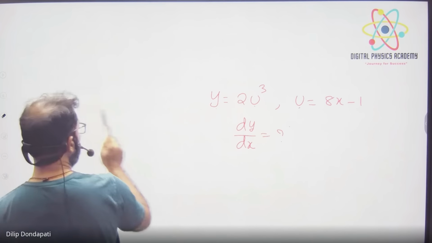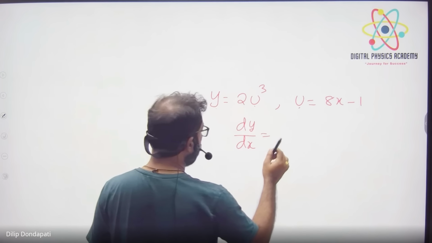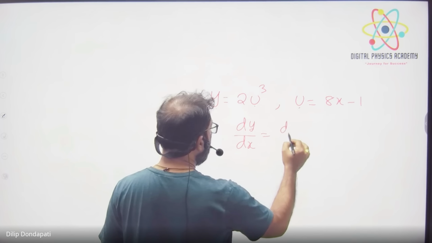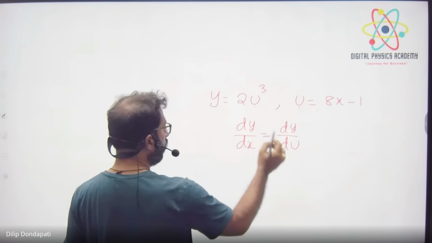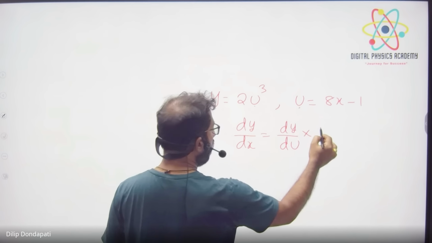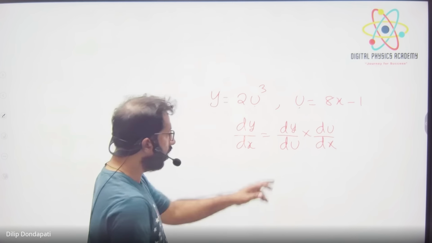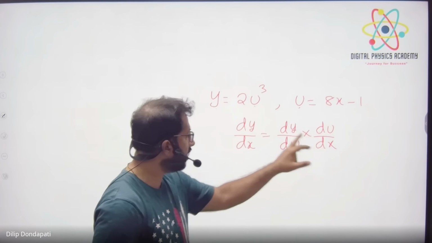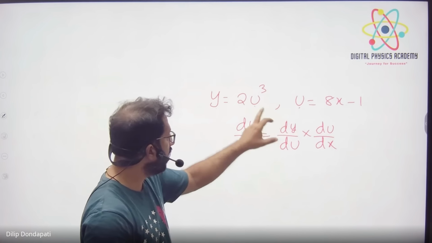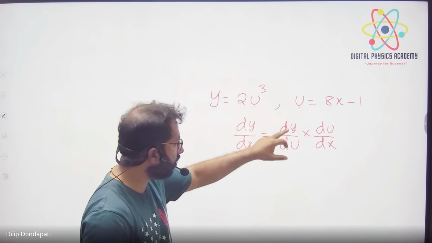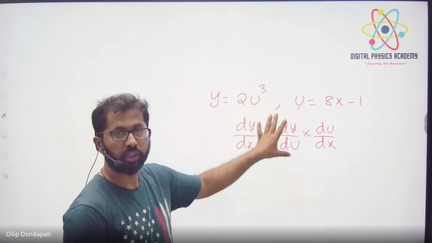So what you do is, I can write dy by dx as dy by du, since it is a function of u, into du by dx. I can write like this. See, du cancels, dy by dx, dy by dx. I wrote dy by dx like this because y is a function of u, and u is a function of x. Question we are not changing.